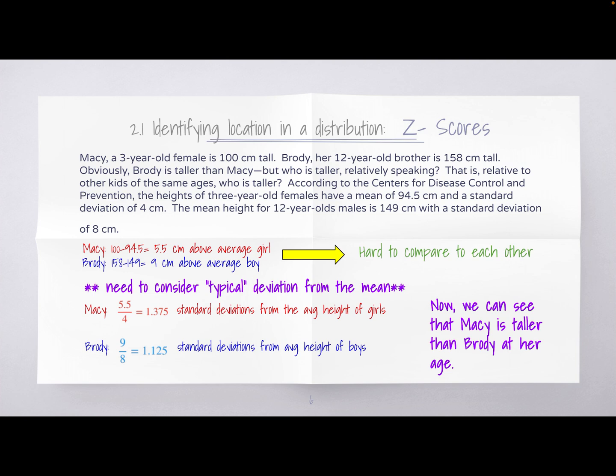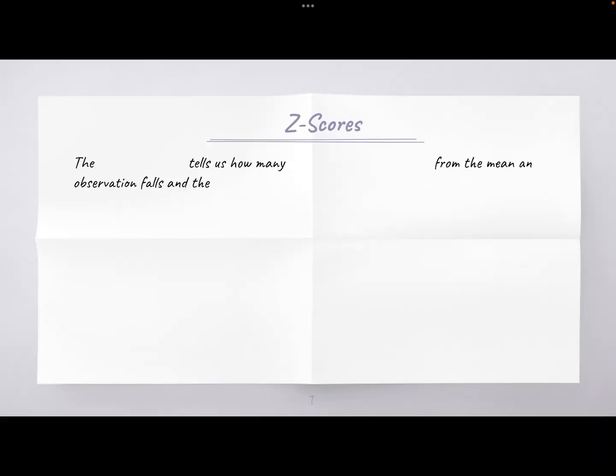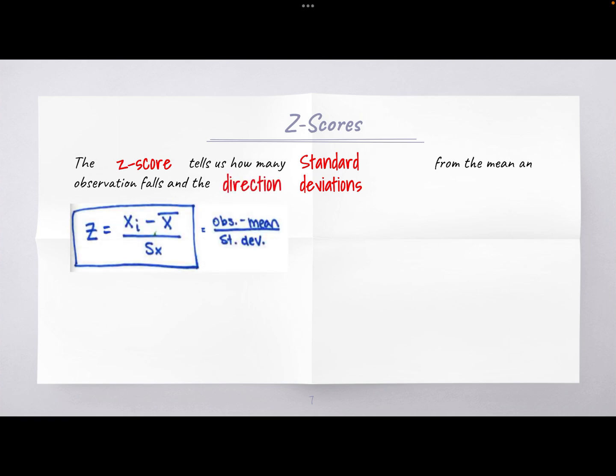So these are called Z-scores. The Z-score tells us how many standard deviations from the mean an observation falls, and the direction. So here's our formula.